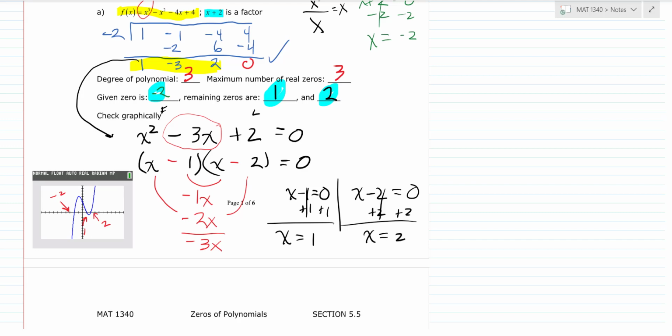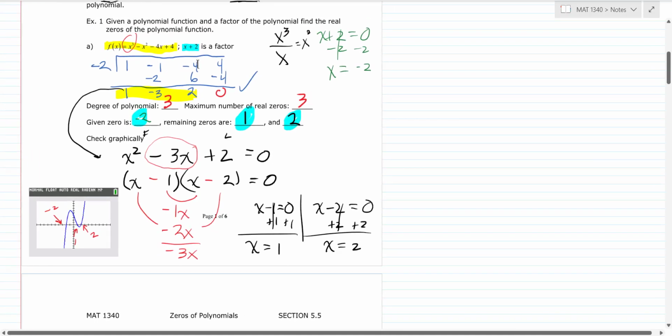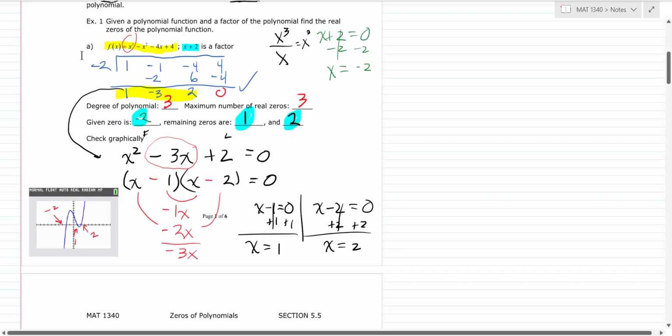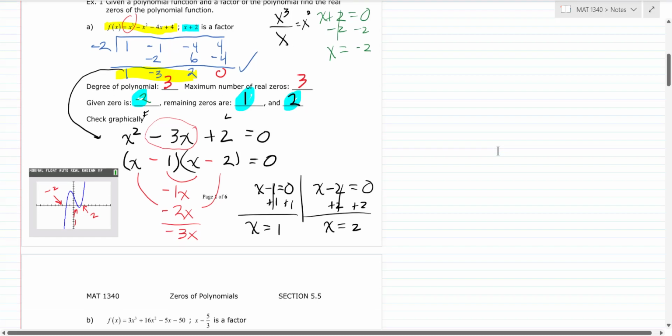If you're given a polynomial function and you know a factor, or if you know one zero, then you're going to have the ability to find the other zeros. This is mostly going to be talking about a third degree polynomial, and that's mainly what you're going to be looking at on this assignment.